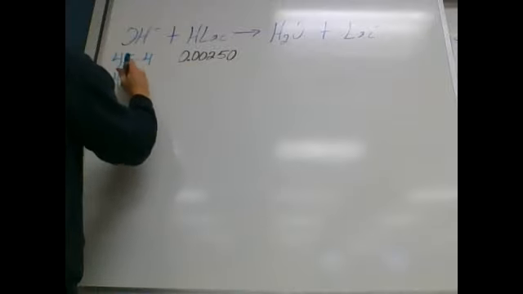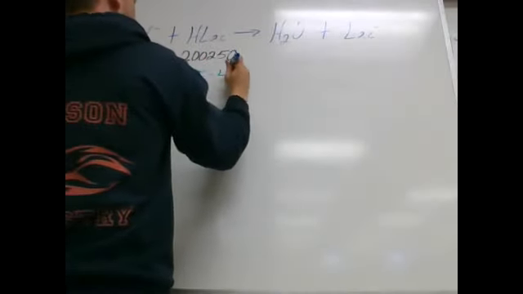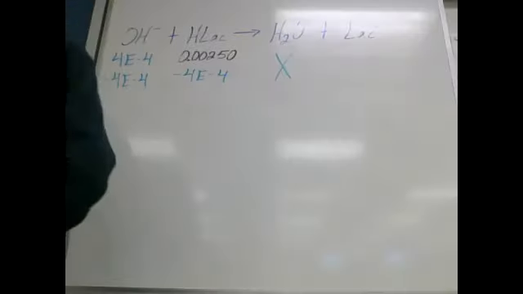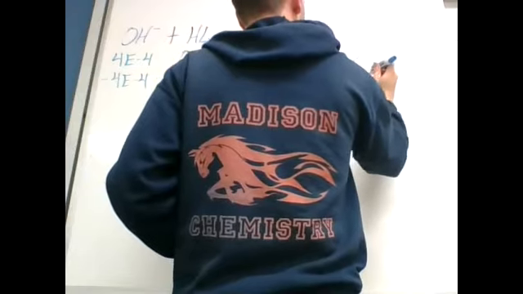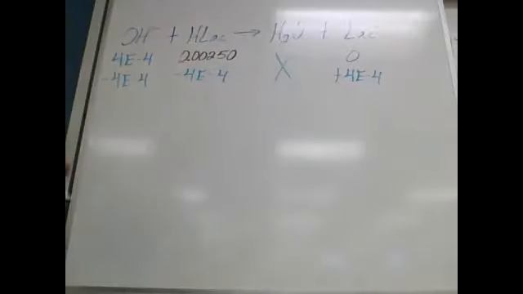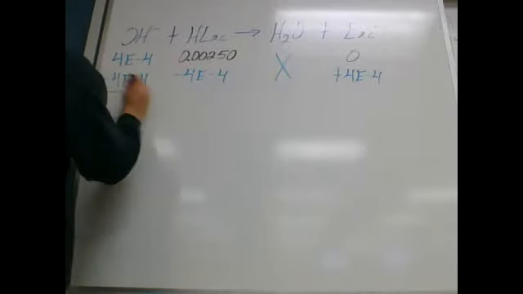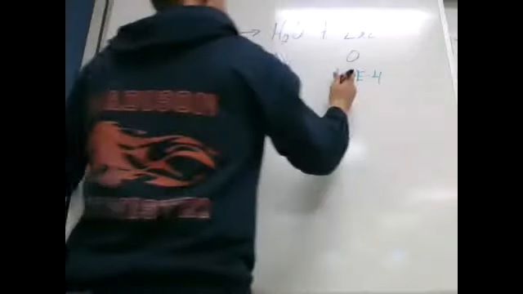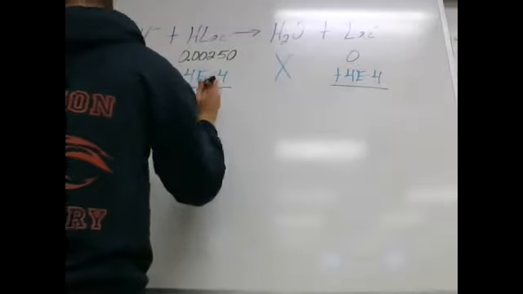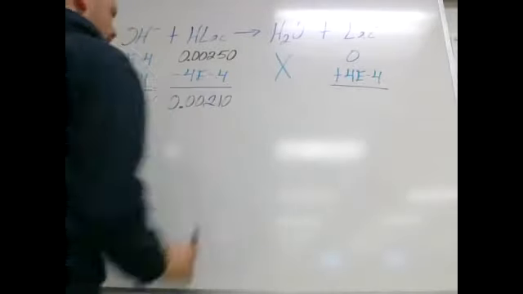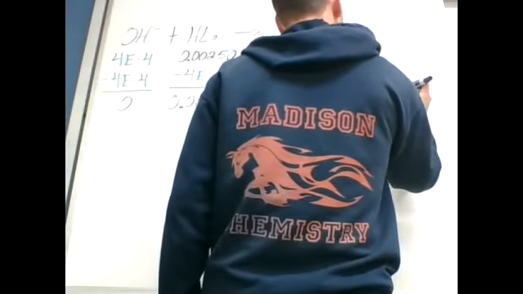So we'll subtract this amount from both. The strong sample has been used up, and I need to find these two amounts, which will come out to 0.00210 there. And this will just be 4E negative 4.